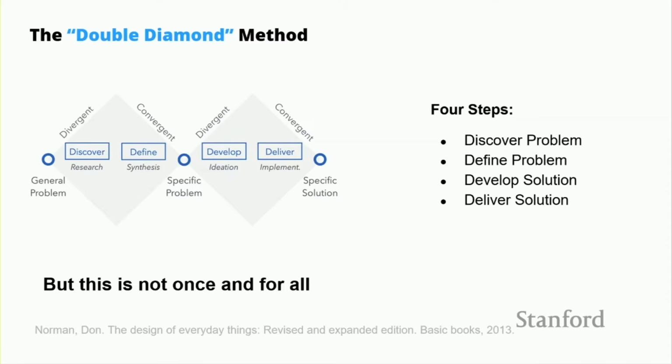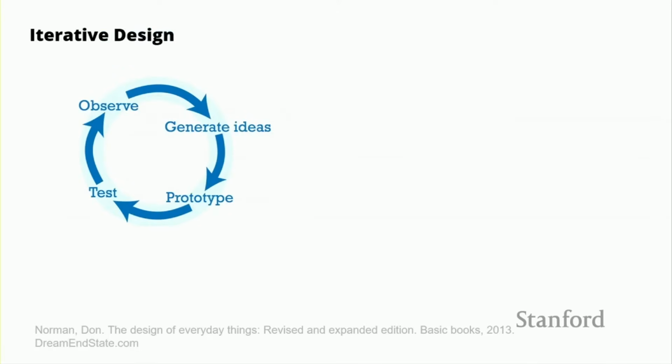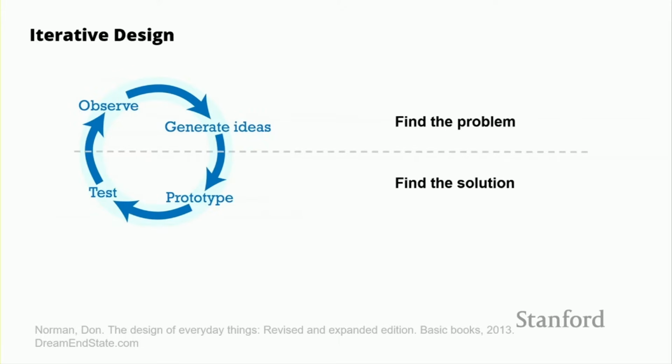Often it's iterative: you observe, you generate ideas, understand root causes, prototype solutions, test them out, deploy the solution, figure out what you're missing, and observe again. You can imagine this as an iterative solution.